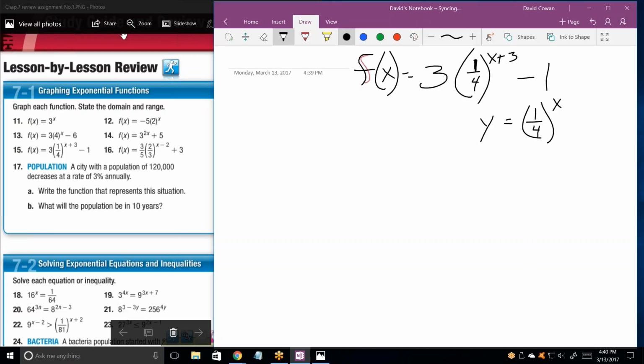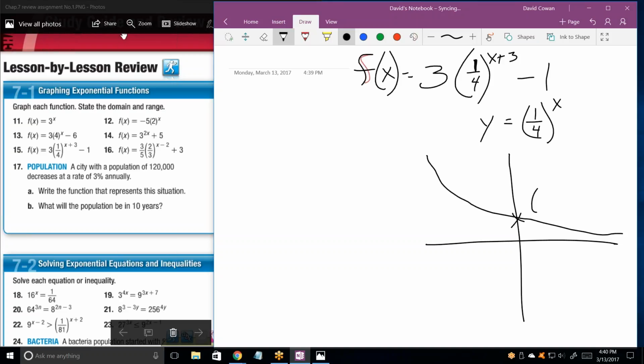Now, because the base is less than 1, this one does not have the traditional shape. It has this shape here, still going through that point 0, 1. In other words, any number to the 0th power is equal to 1. So the only difference between this and the last parent function, which was 2 to the x, is that it starts big and gets little, whereas the last one started little and got big.